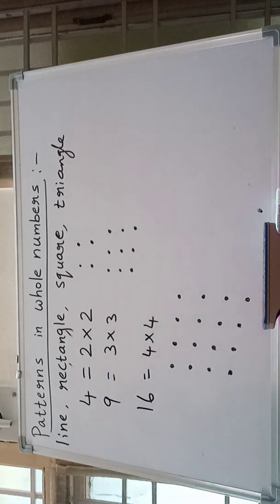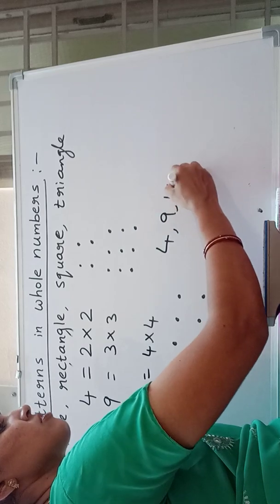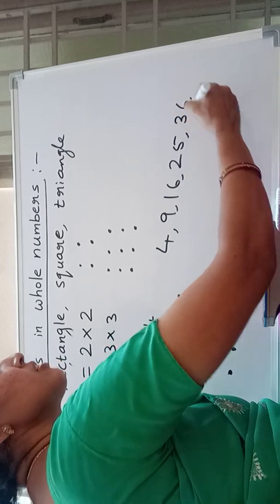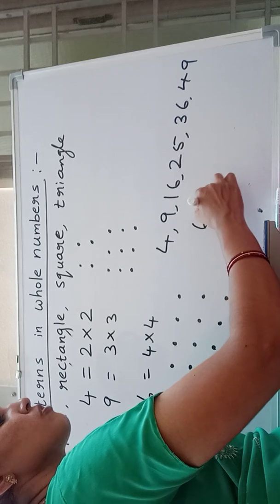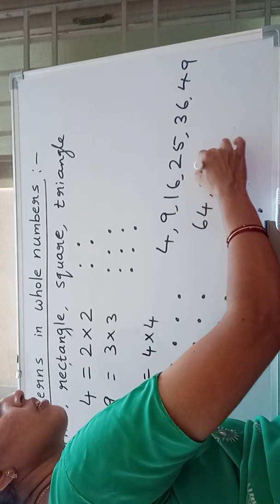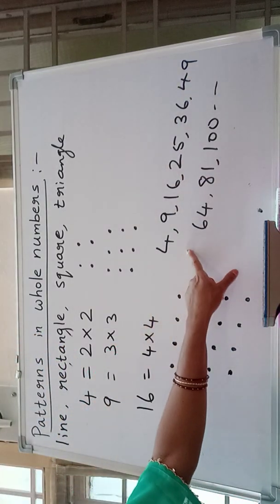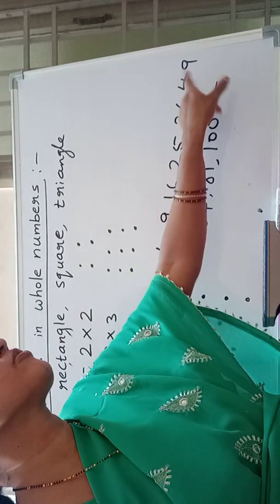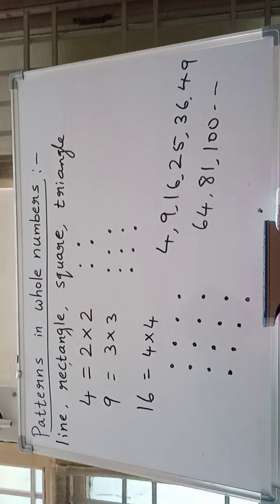Therefore, what are the numbers for which square shape is possible? 4, 9, 16, 5 fives are 25, 6 sixes are 36, 7 sevens are 49, 8 eights are 64, 9 nines are 81, 100. With these numbers of dots, square shape is possible. Remember these numbers.